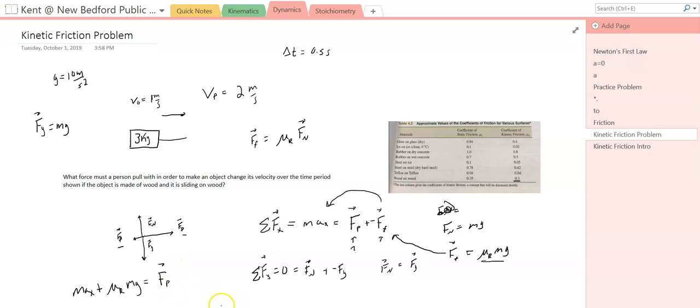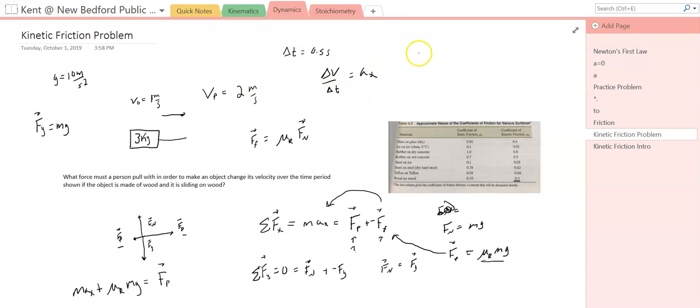So now we just plug in numbers, right? Because we know what the acceleration in the x direction is. I guess I should have calculated that right off the bat for you guys. It's simply the change in velocity over the change in time.